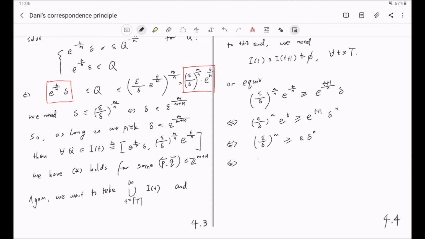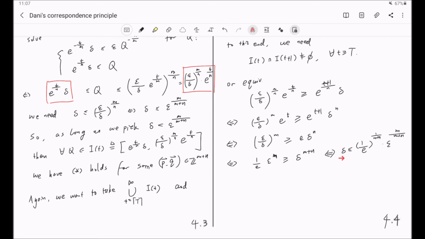This is equivalent to 1 over epsilon times epsilon raised to the power m greater or equal to delta raised to the power m plus n. And this is same as delta being less than or equal to 1 over e raised to the power 1 over m plus n times epsilon raised to the power m over m plus n.